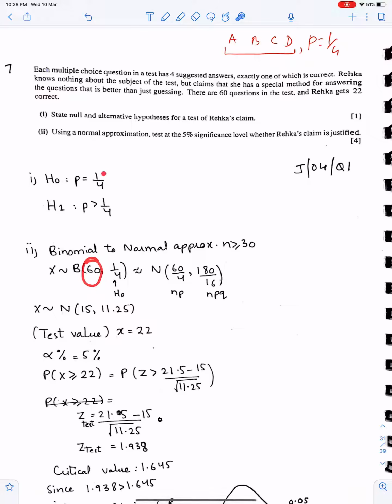It's here, and this 1 upon 4 is here. And this is the test value. Null and alternative hypothesis done. Part 1 is over. Now, using normal approximation at 5%, is her claim justified or not?